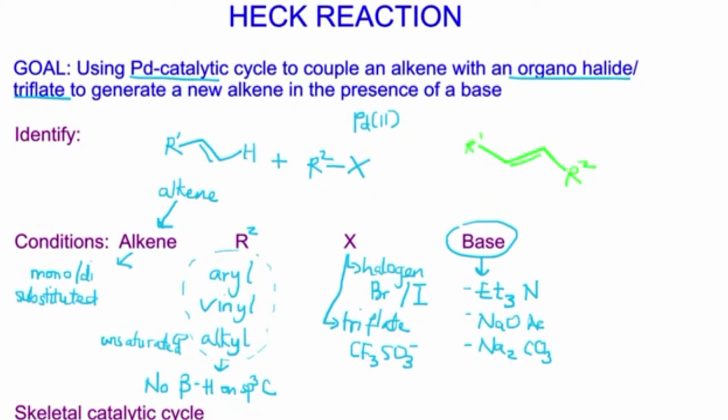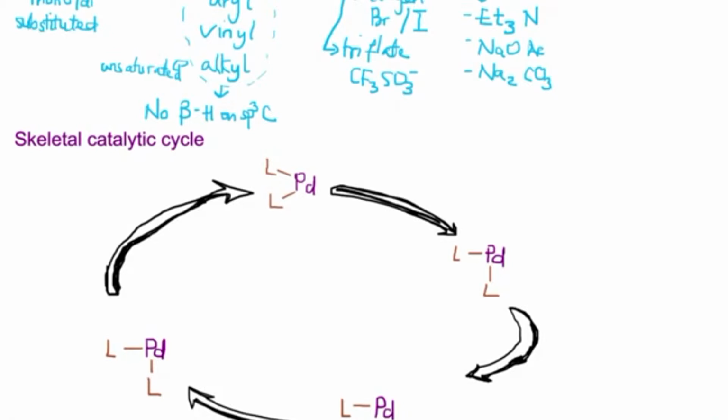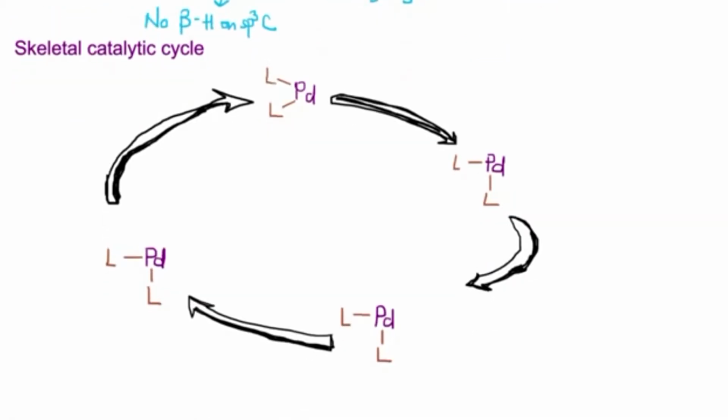So now we've looked at the conditions and also identified the various species that will be involved in generating a new alkene. Now let's dive into a skeletal catalytic cycle, which is what we have at the bottom here. What we notice is we have 4 steps right here.